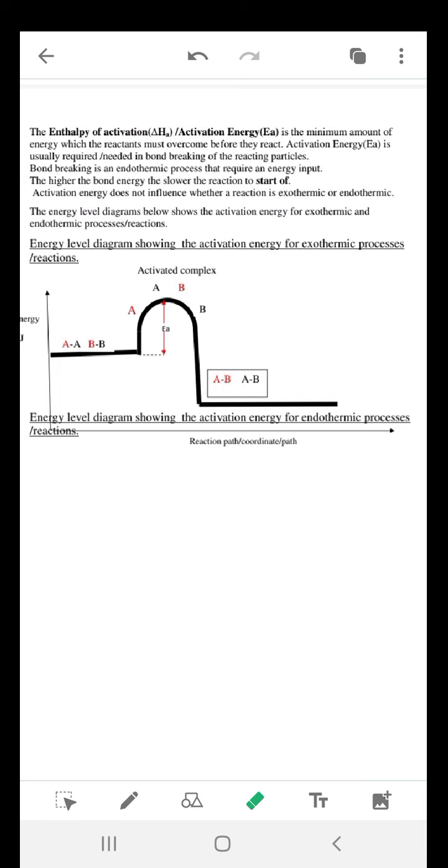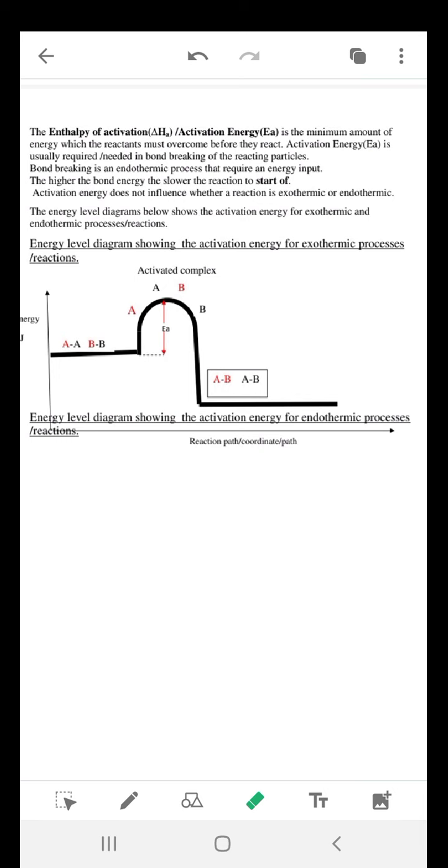So there's an energy level diagram below here that shows the activation energy for exothermic and endothermic processes. So there's a product A and B. A attached to A, B attached to B. Then if this activation energy is applied, the bond between A and A has broken, so it is just A and A. Then the bond between B and B has been broken, so there are just two B's.